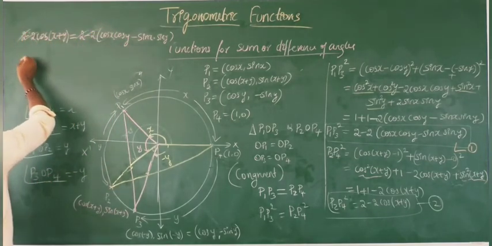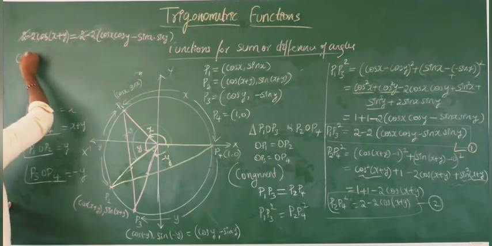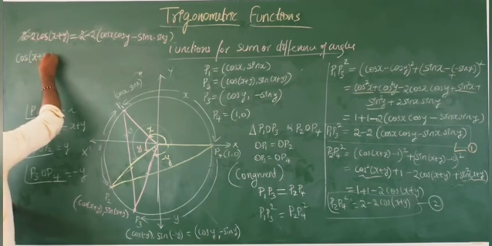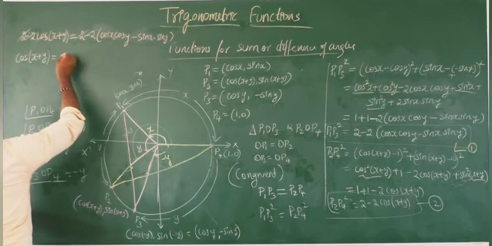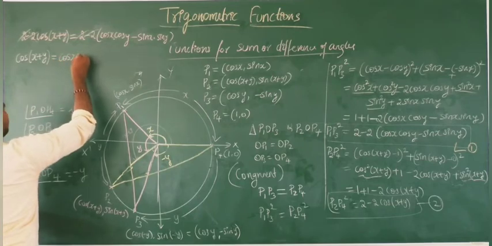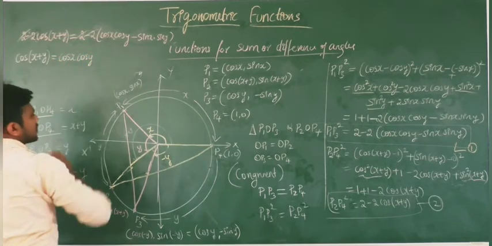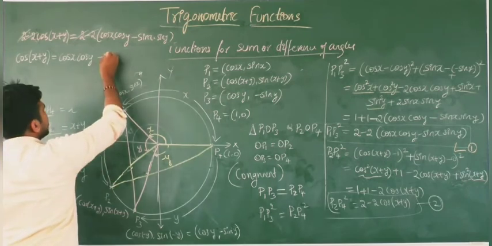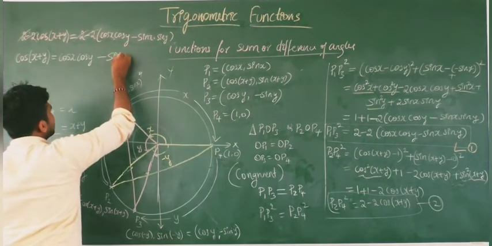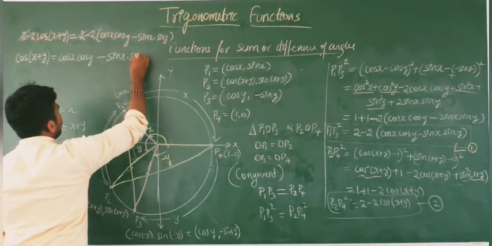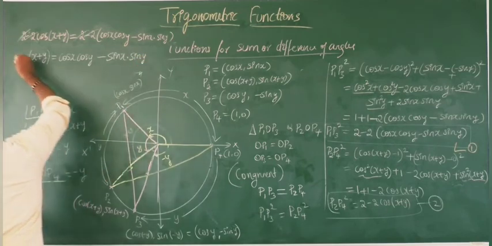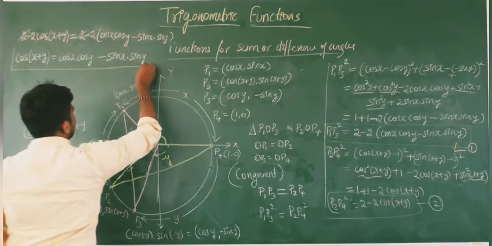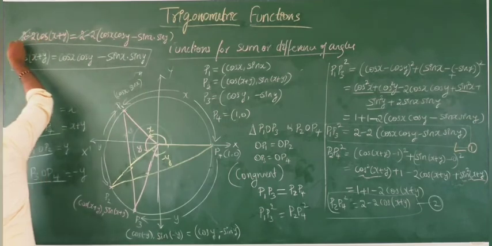Then what will we get here? Cos x plus y is equal to cos x into cos y minus sin x into sin y.